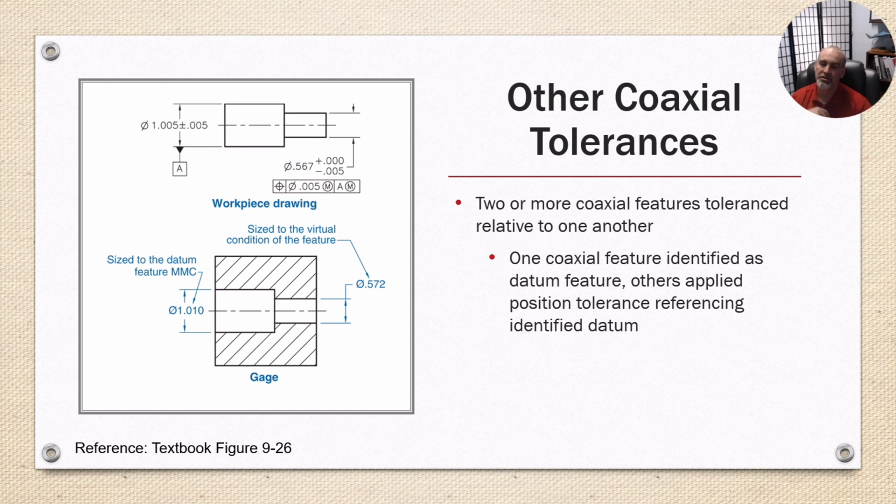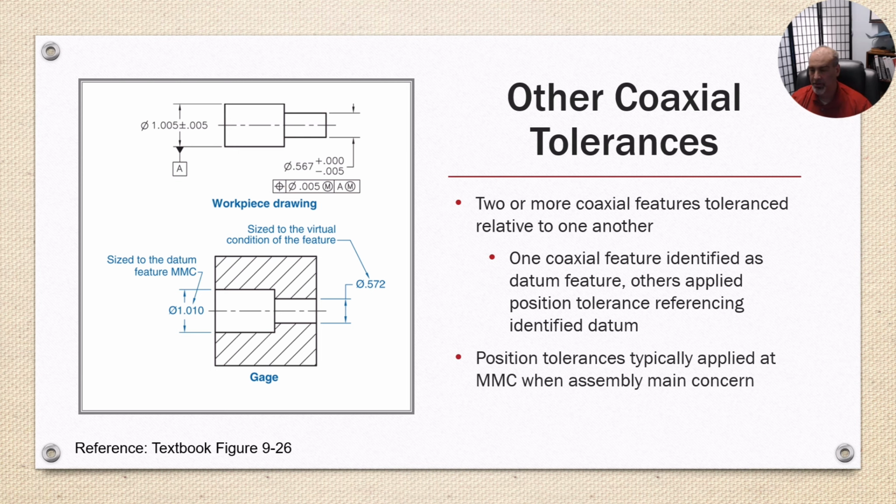Since it's an external feature, the maximum material condition size is 0.567 plus 5 thousandths, which gives us 572 thousandths. That plus 5 is coming from the tolerance with the maximum material condition callout. And a position tolerance is typically applied at MMC when assembly is the main concern.